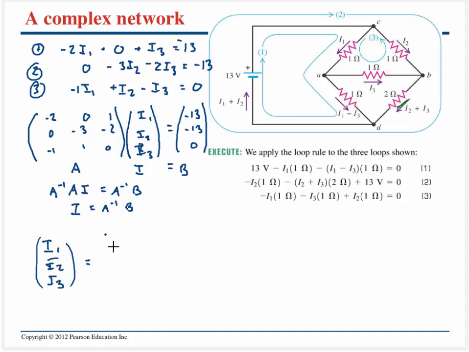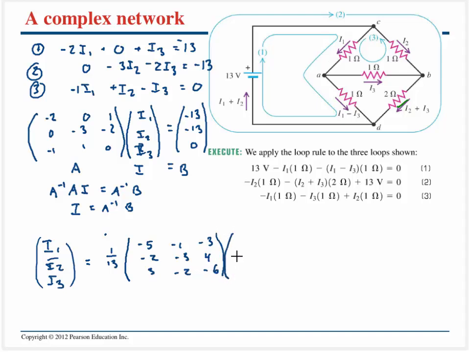The inverse of A, if you could do this using row reduction or a handy dandy online calculator, is going to be negative 1/13 times the matrix negative 5, negative 1, negative 3, negative 2, negative 3, and 4, and then 3, negative 2, negative 6.